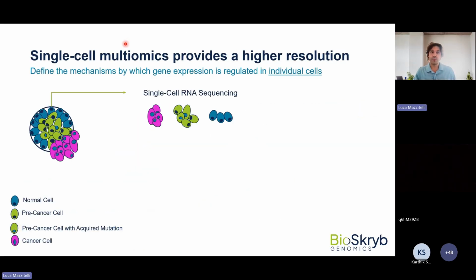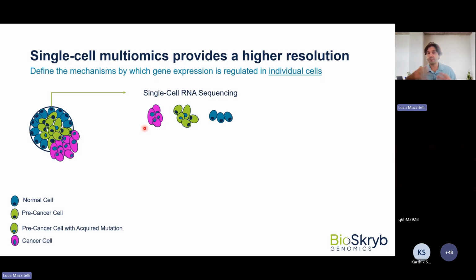So just to give you an idea of how the multiomic approach increases resolution, I'm showing here an example of an epithelial tumor. It can be a breast tumor or prostate tumor. So we have the normal cells in pink, the pre-cancer cells in green, and pre-cancer cells with an acquired mutation, and then cancer cells that appear when the tumor becomes invasive.